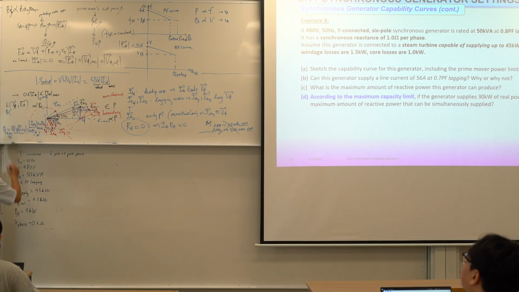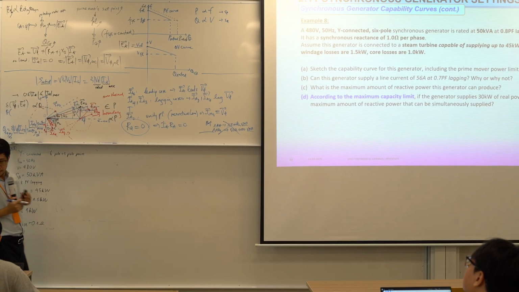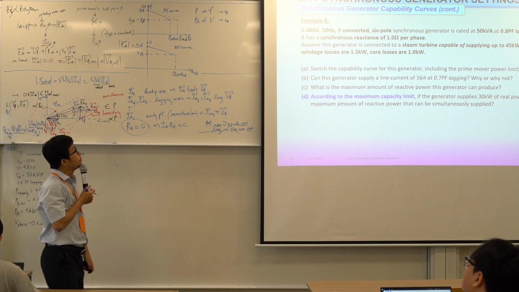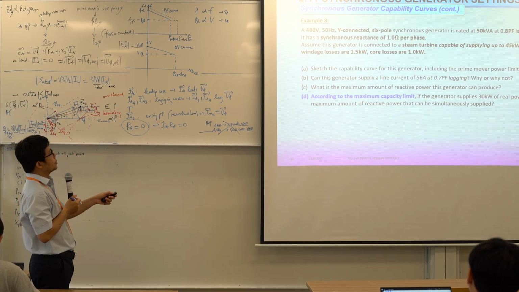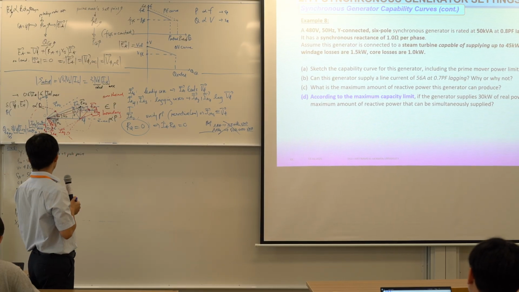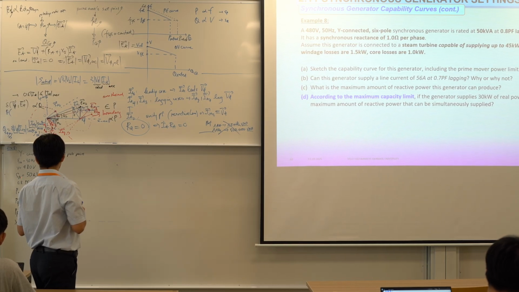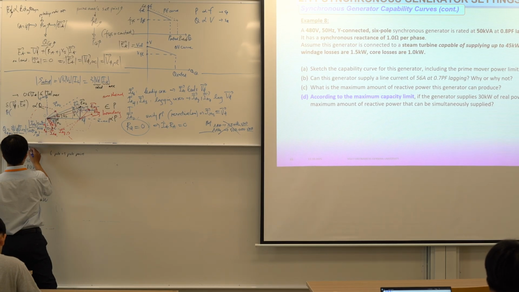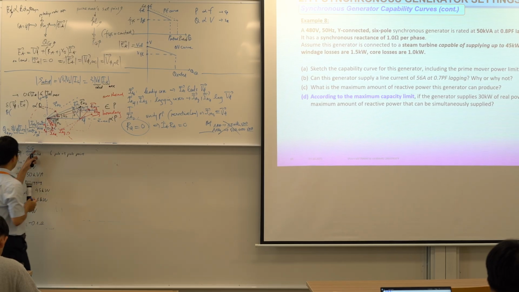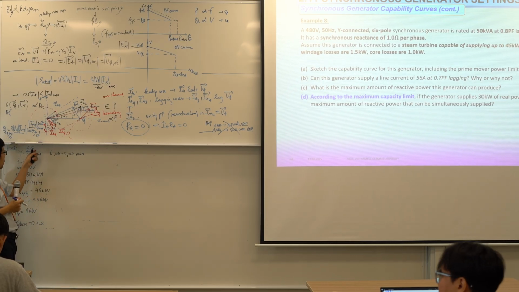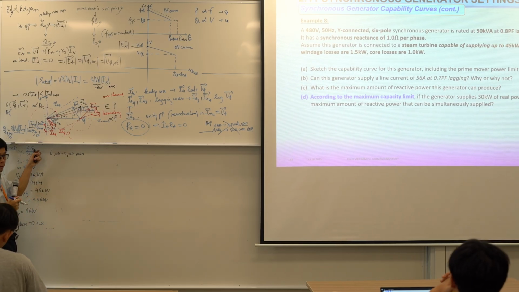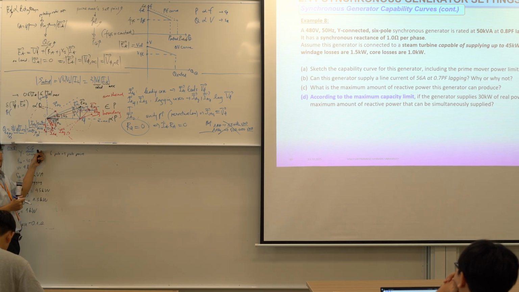Okay, so this is example 8. We have the object, that is a synchronous generator. I need to mention the object, the synchronous generator. Sometimes we have a generator, sometimes we have a motor.